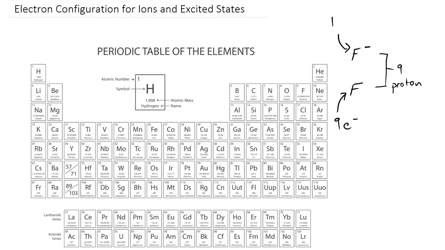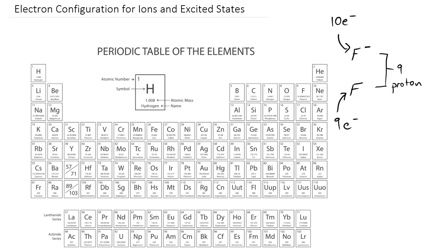So it has 10 electrons. And so that's going to mean that these two different versions of fluorine will have a different electron configuration.